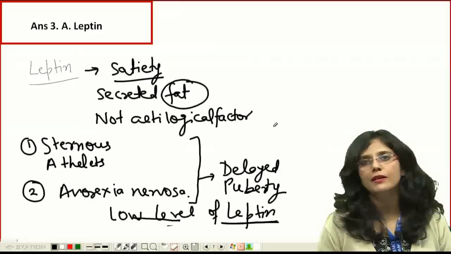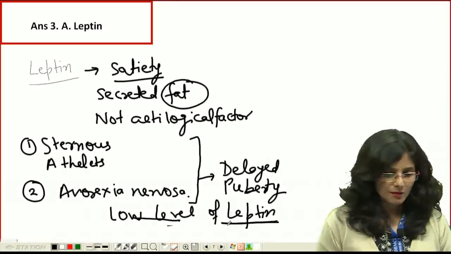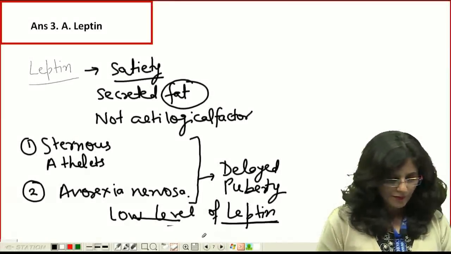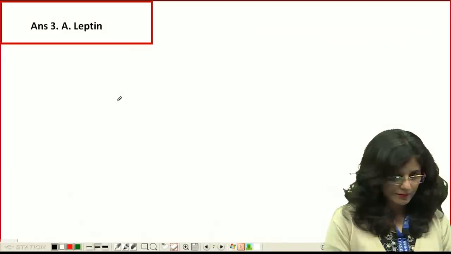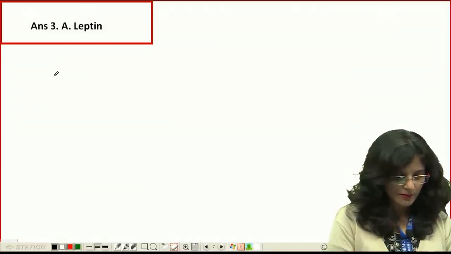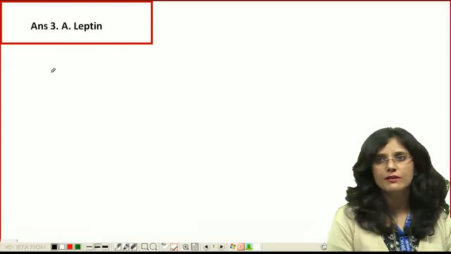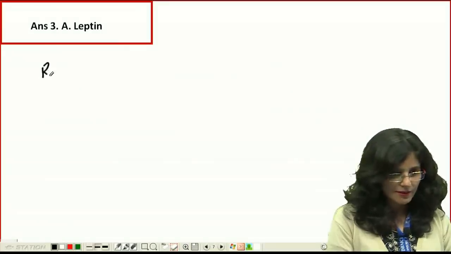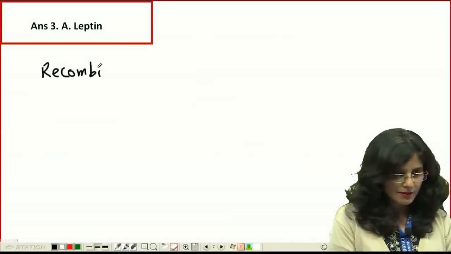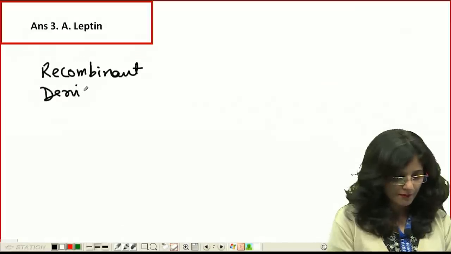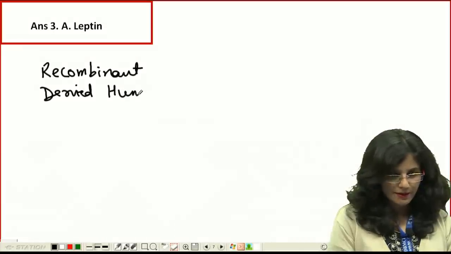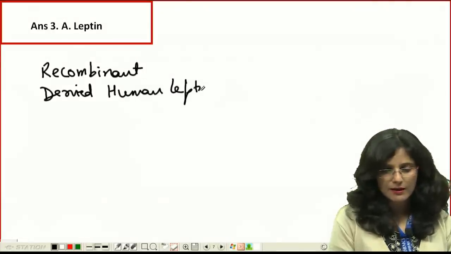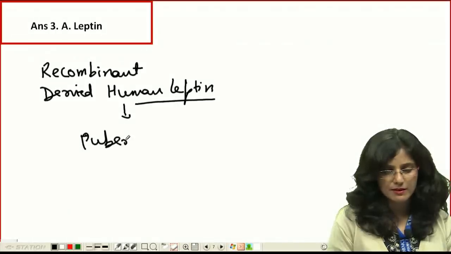So it means leptin is associated with puberty. In such females, we can give treatment with recombinant derived human leptin, and it is seen that they will start puberty. So puberty starts in these ladies.